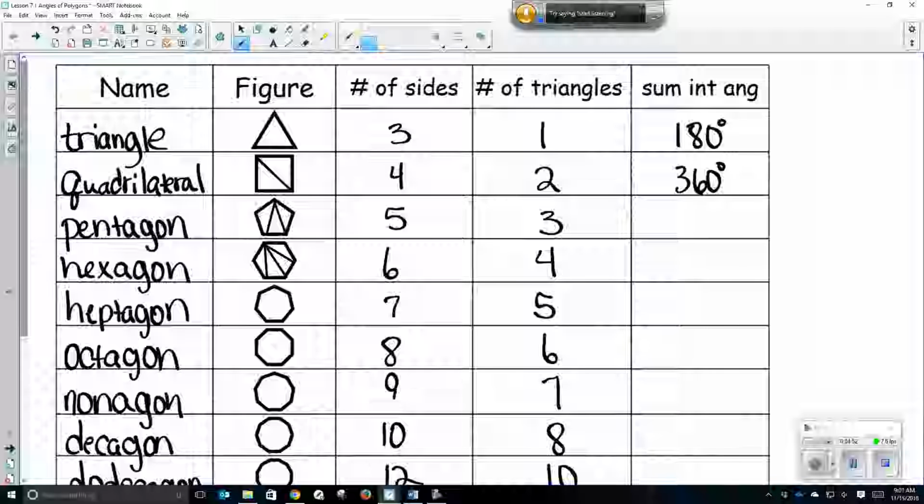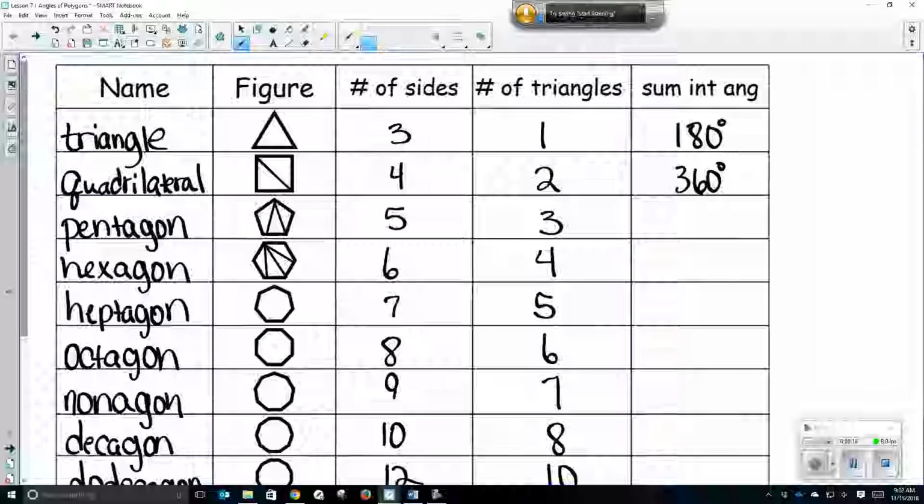Do we know the sum of the interior angles of any of the others? Probably not, but those 2, maybe, I don't know. I think you should have known this. I'm not sure. Well, what's happening is, according to however many triangles you have in the polygon, that can help you come up with the sum of the interior angles.